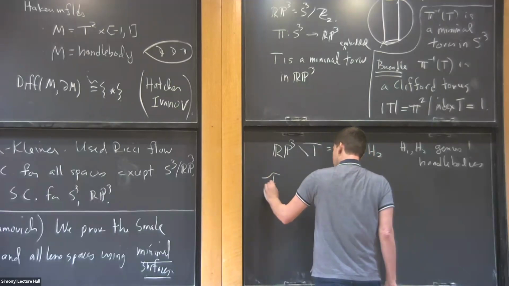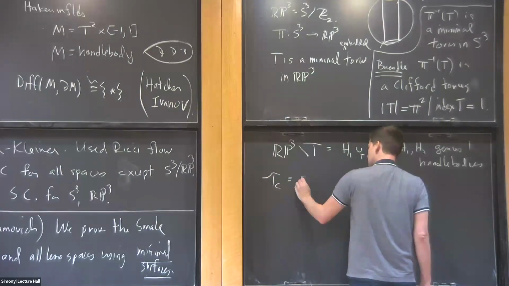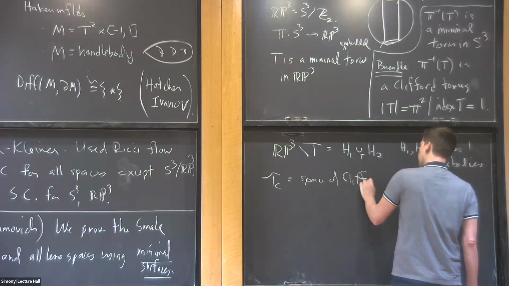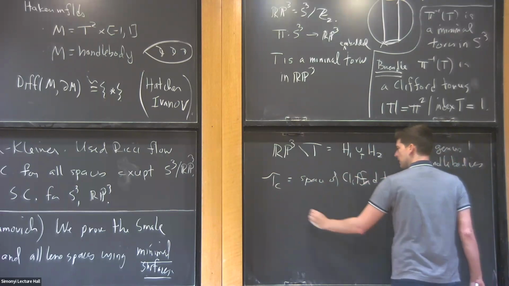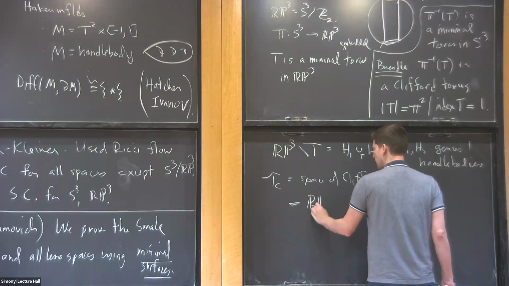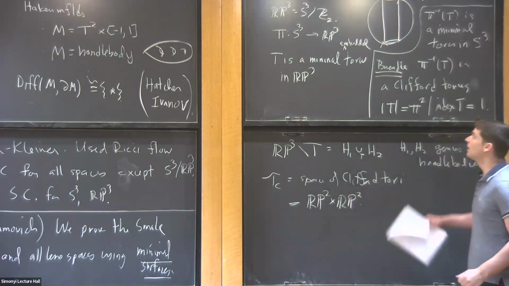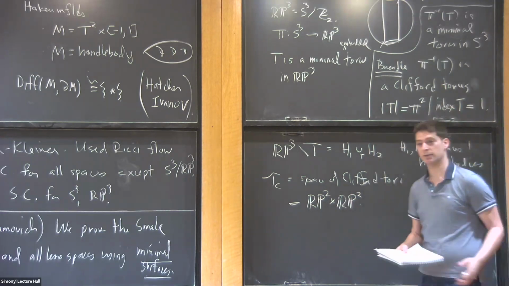I'll denote by tau sub t the space of Clifford tori. It's just an algebraic computation, it's just RP2 cross RP2. So there's a lot of Clifford tori. You could take that one and rotate it around and so forth.